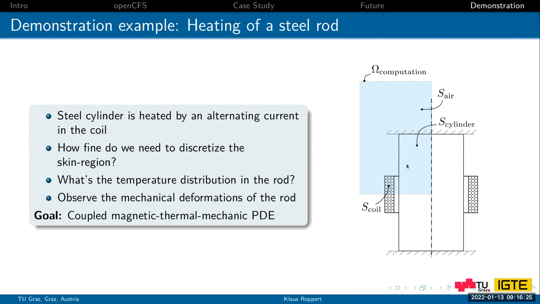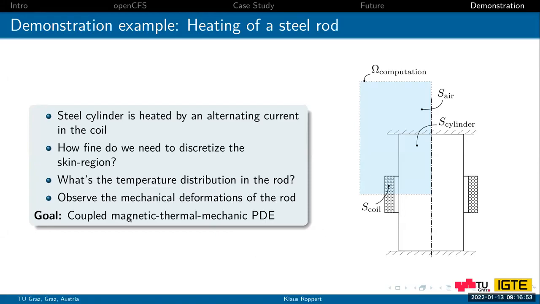And alternating currents induce eddy currents here in this conducting region. And the eddy current effect, also called skin effect, is a boundary effect. So the higher the frequency gets, the narrower this effect gets. So what we want to do is to introduce a mesh refinement towards the surface here.